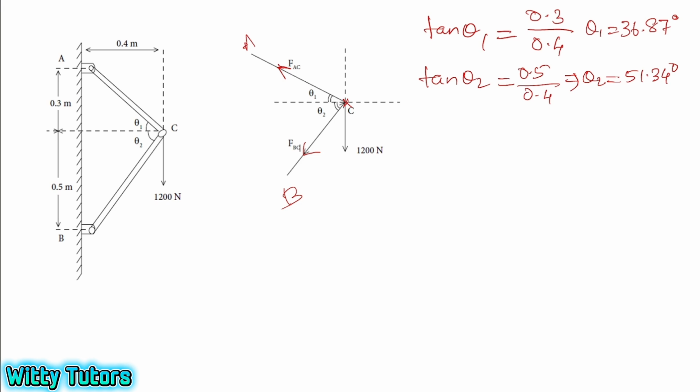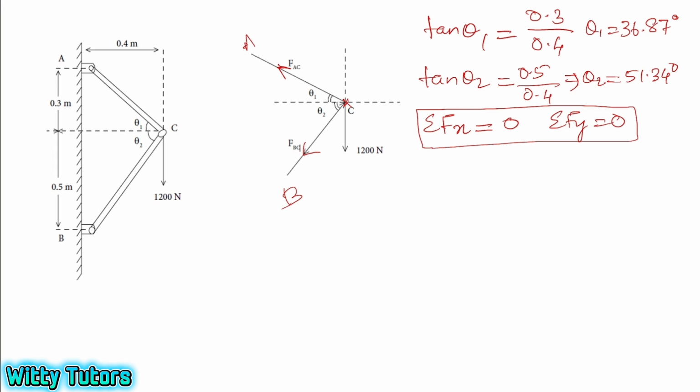We know that if the forces are in equilibrium, then the sum of horizontal components of forces, sigma Fx, should be 0 and sigma Fy should be 0. So I am going to consider these equilibrium equations, sigma Fx equal to 0 and sigma Fy equal to 0. That means I am going to resolve the forces first.